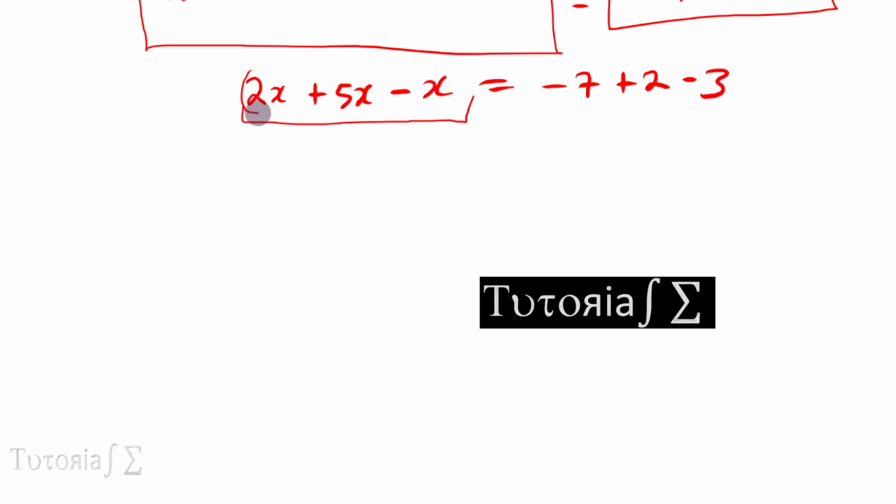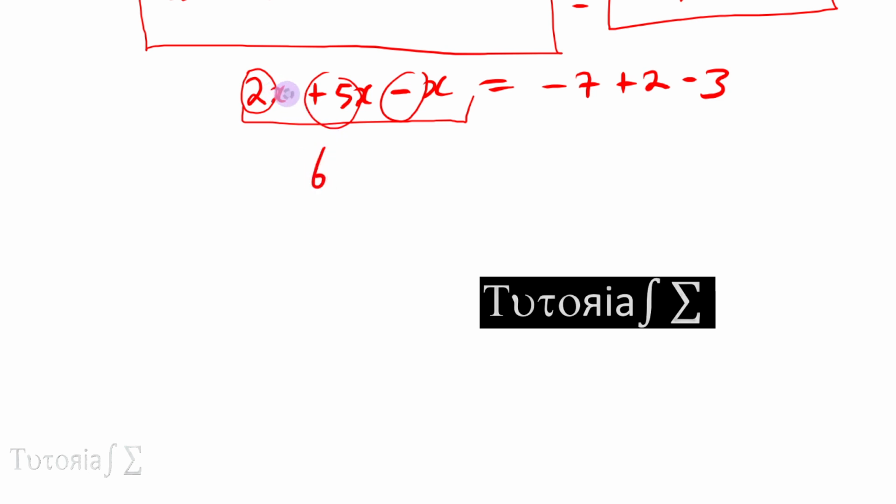So that will be 2 plus 5, then minus 1. The 1 is invisible there, but if there is nothing there, just know that there is negative 1. So what is 2 plus 5 minus 1? This will give us 6. So we write this as 6.